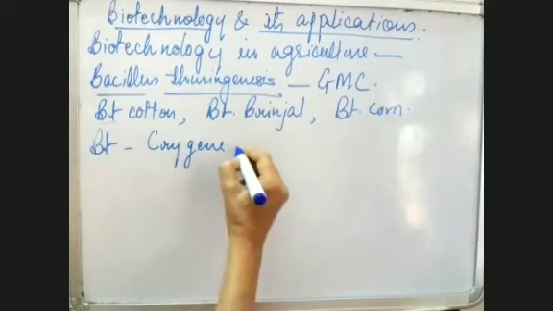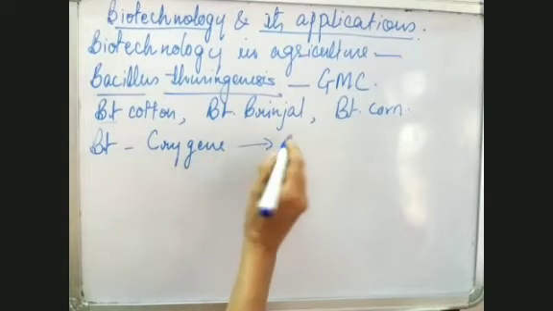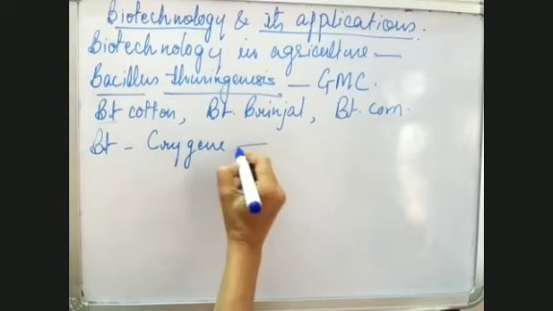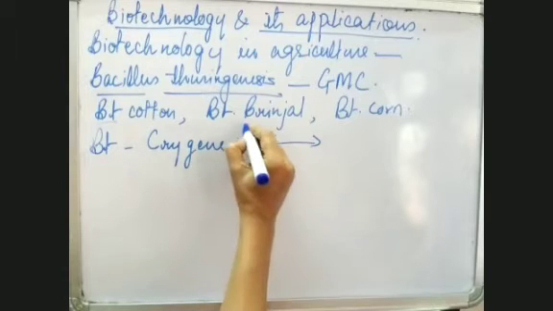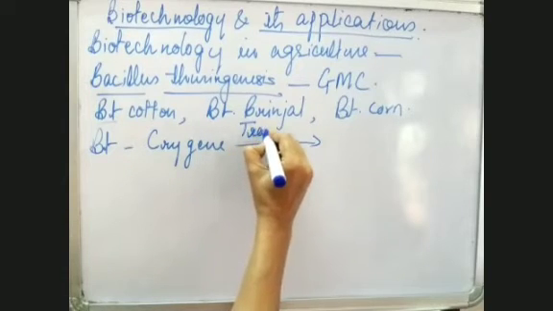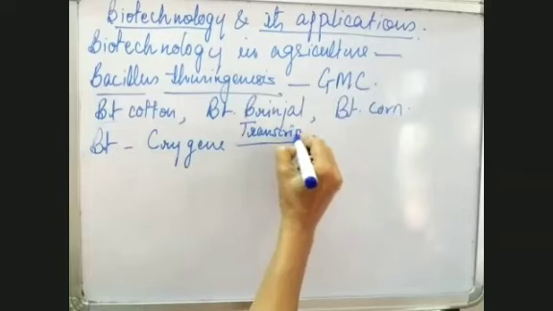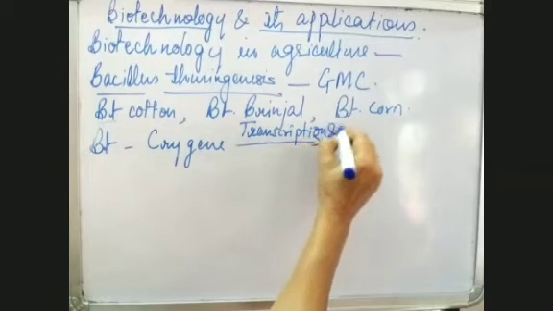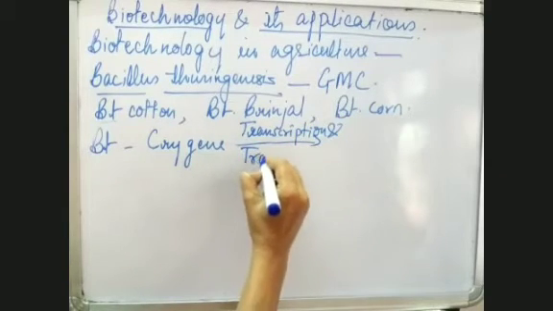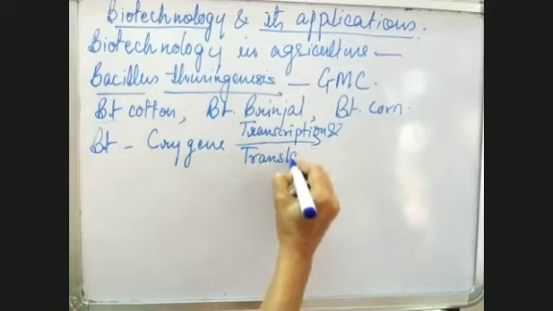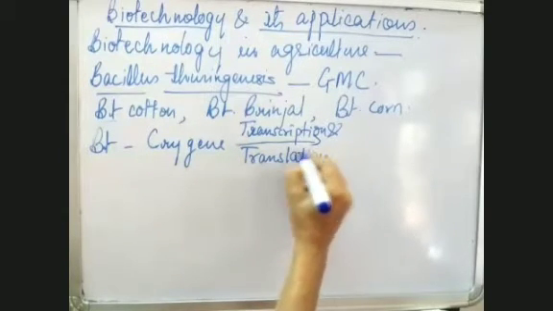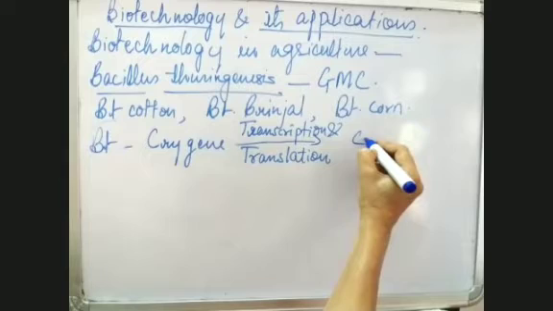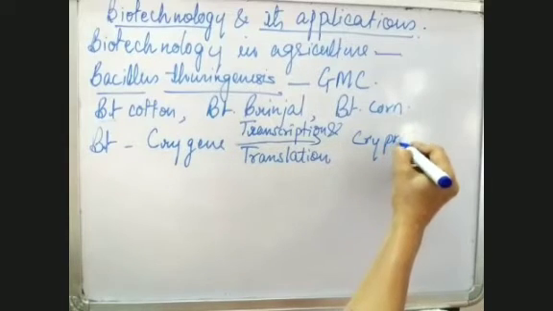This cry gene undergoes two processes: transcription and translation, and it produces a protein which is cry protein.